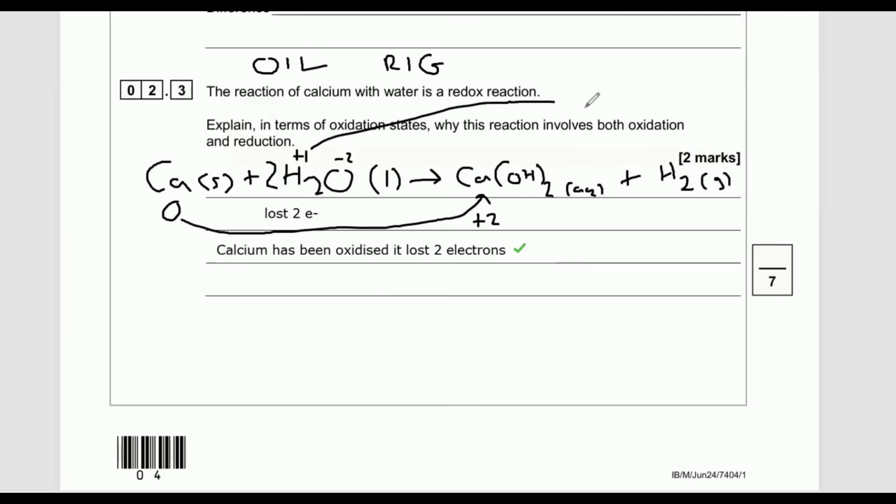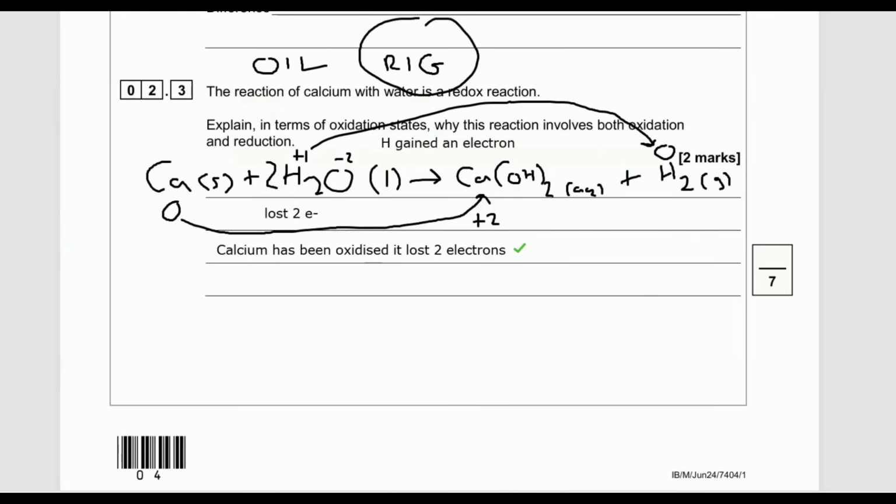But when you take hydrogen over here, hydrogen is now in its zero oxidation state. It doesn't have any ionic charge when it's in its elemental form. So what has happened? It's gone from +1 to 0. So H gained an electron. What's gain of electrons? It's reduction. Reduction is gain.